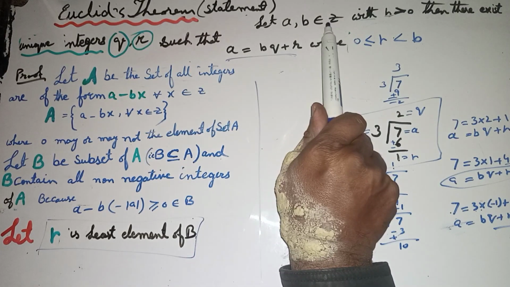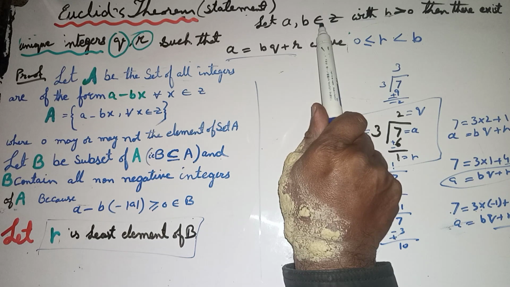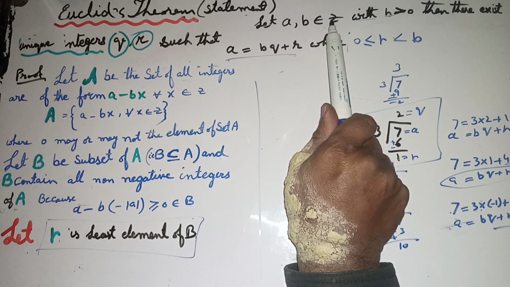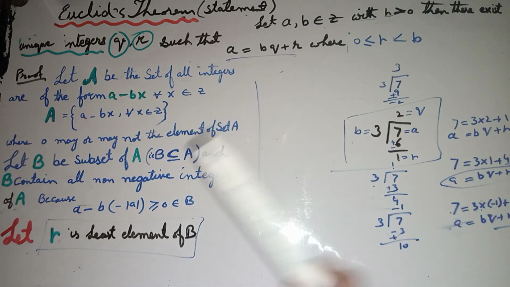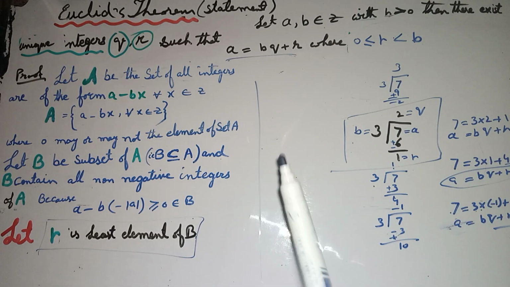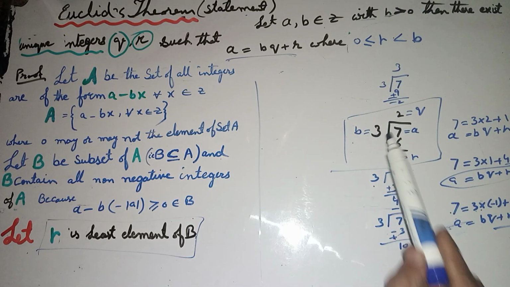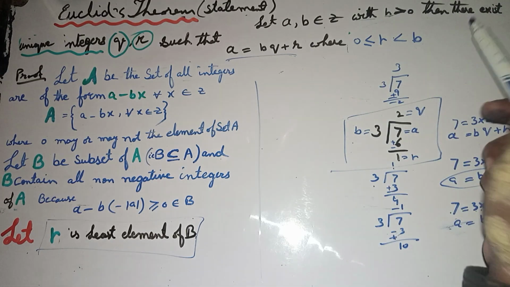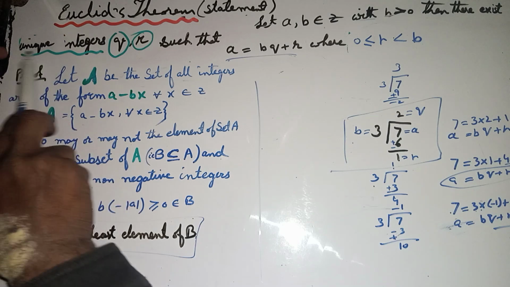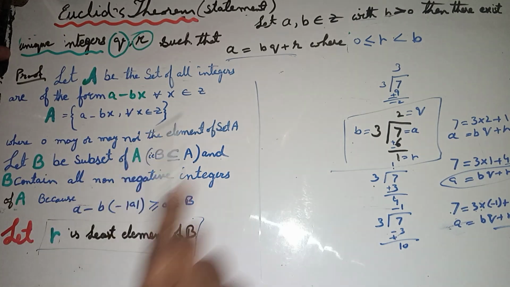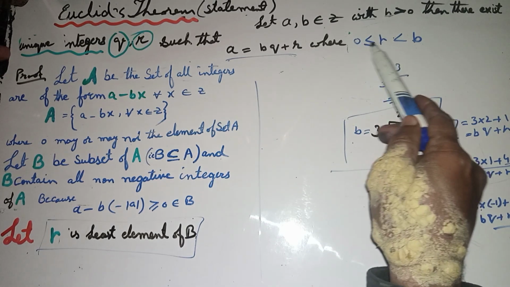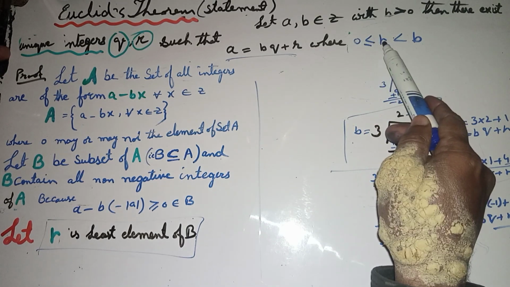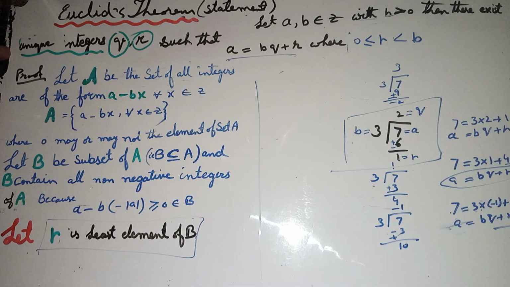Let A and B belong to the set of integers, as you know, 0, plus minus 1, 2, 3, these are integers. And one condition on B: B must be positive, greater than 0. Then there exist unique Q and R such that A = BQ plus R and 0 is less than or equal to R and R is less than B.